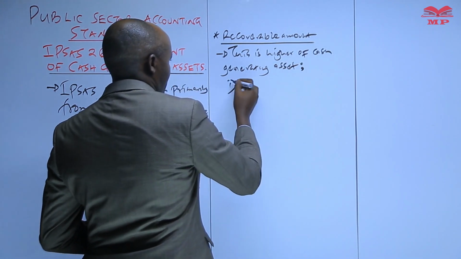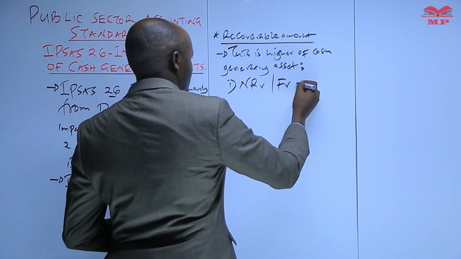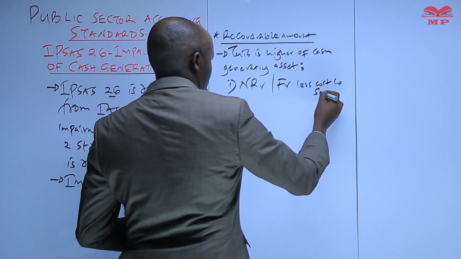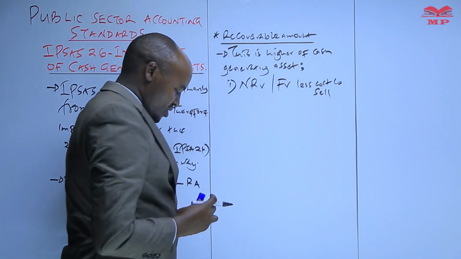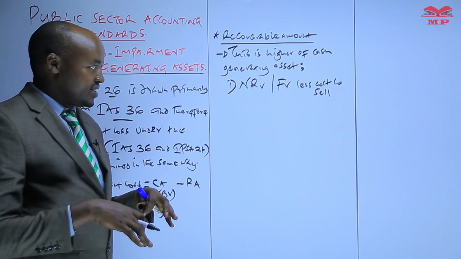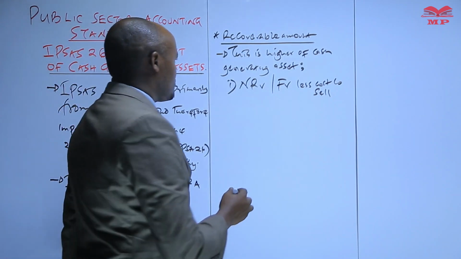Number one, net realizable value, or the fair value less cost to sell. Basically this is the amount the entity will get after selling the asset currently minus the cost which will be incurred in selling that particular asset.